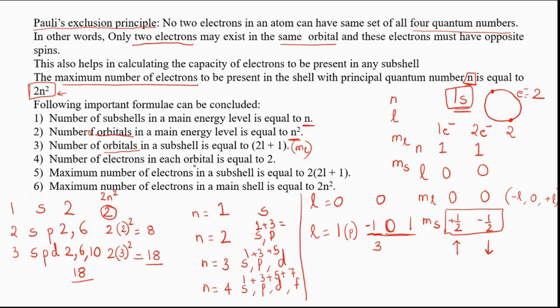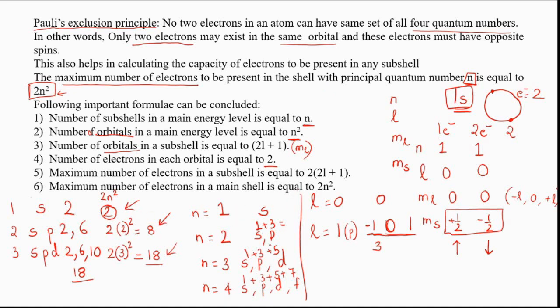Then the number of electrons in each orbital is equal to 2. Now if I know the number of orbitals, let's say the number of electrons is 2 in the first shell, 8 in the next shell and 18 in the next. So this was the number of electrons.